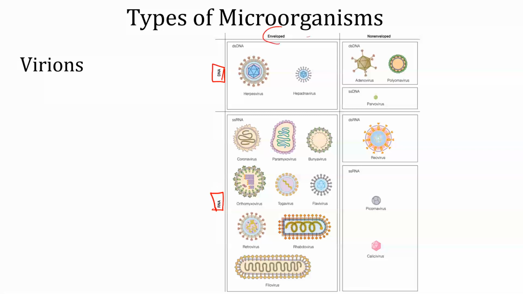And then it can also be enveloped or non-enveloped. And this refers to, does it have a plasma membrane surrounding the portions of the virus that are the genome, or does it not? So those are some of the main characterizations of all the different virions.